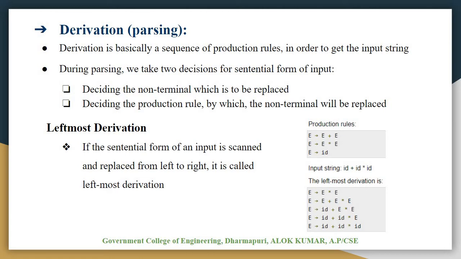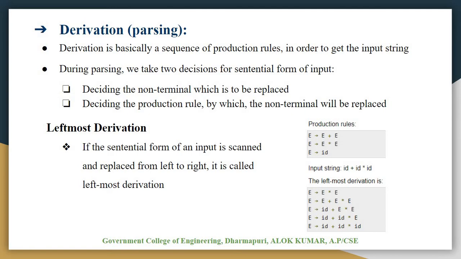First, deciding the non-terminal which is to be replaced, and second, deciding the production rule by which the non-terminal will be replaced. Based on these two things, we will see how we construct the leftmost derivation tree.